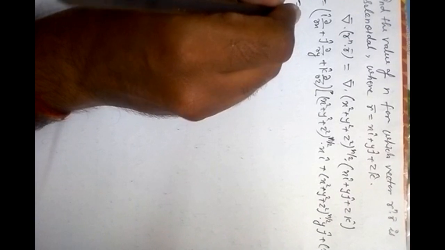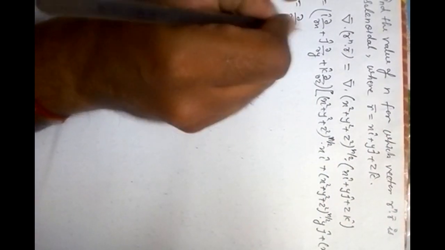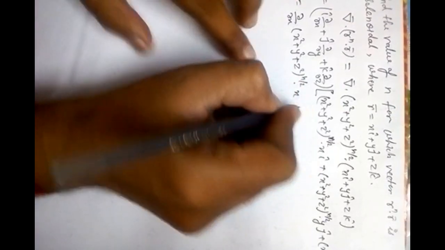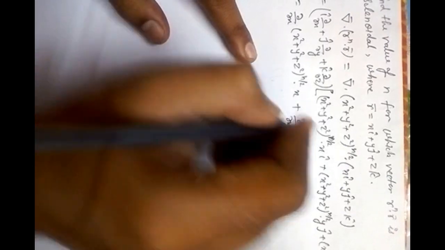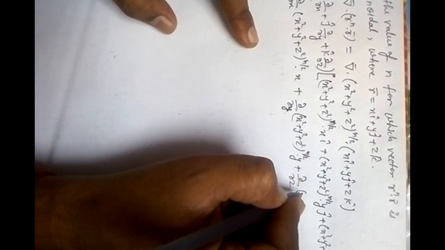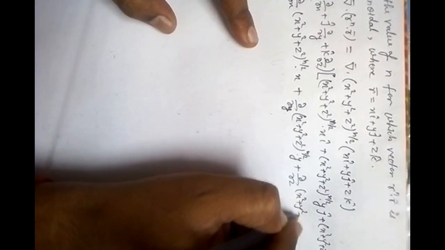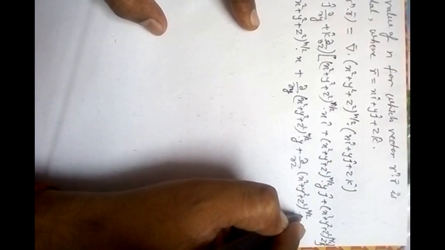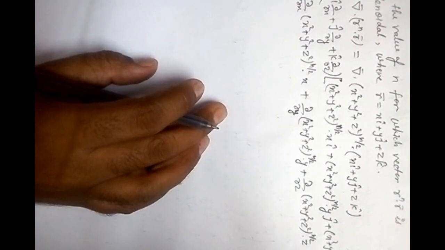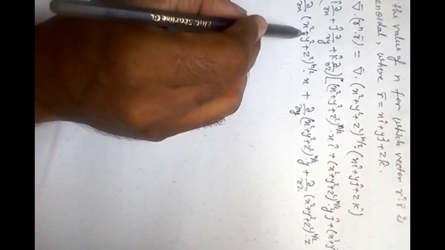So we get ∂/∂x of (x² + y² + z²)^(n/2) into x, plus ∂/∂y of (x² + y² + z²)^(n/2) into y, plus ∂/∂z of (x² + y² + z²)^(n/2) into z.